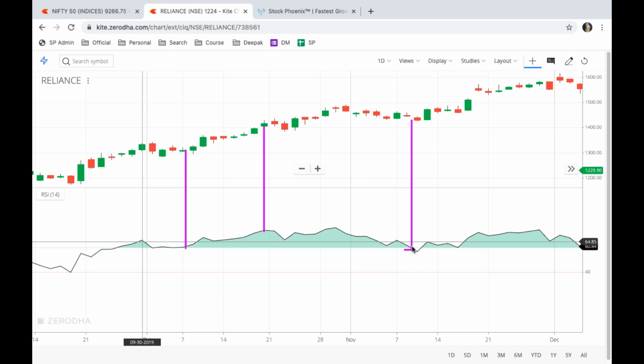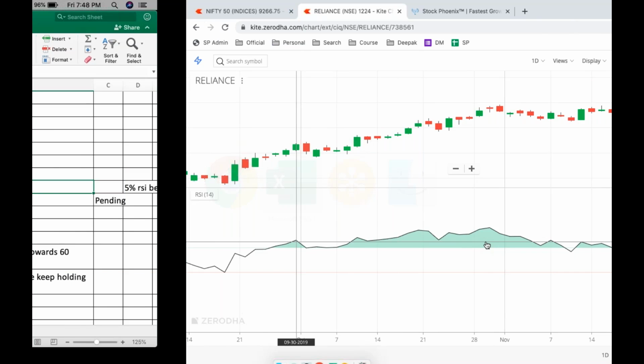Because when it comes again to 60 levels, say you bought at 400, it will be around 410 or 405 while coming back to 60. Instead, you book profit at 430. So that is the ideal thing.